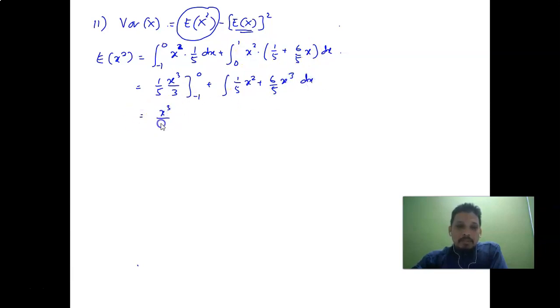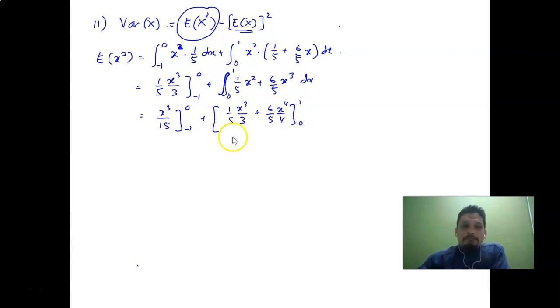So x cubed divided by 15 from -1 to 0, plus integral of 1 over 5 x squared gives you 1 over 5 x cubed divided by 3, plus 6 over 5 integral of x cubed, x to the power 4 divided by 4. Okay, 5 times 3 equals 15 and 5 times 4 equals 20.